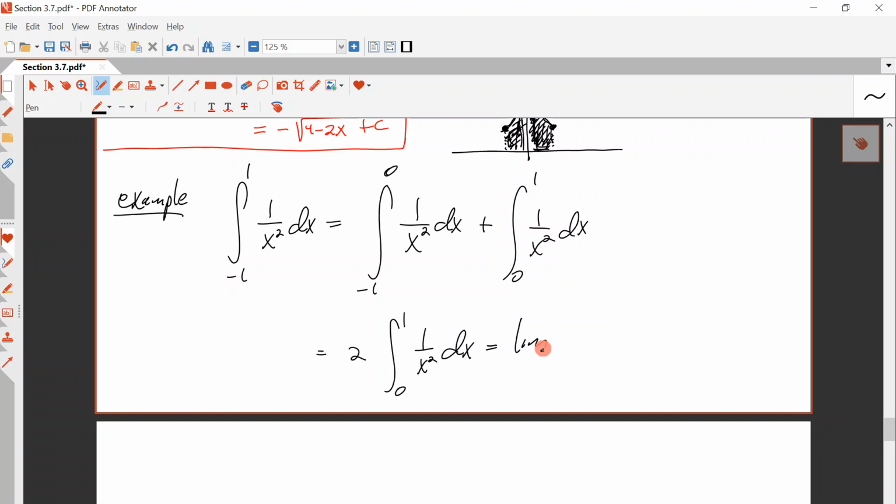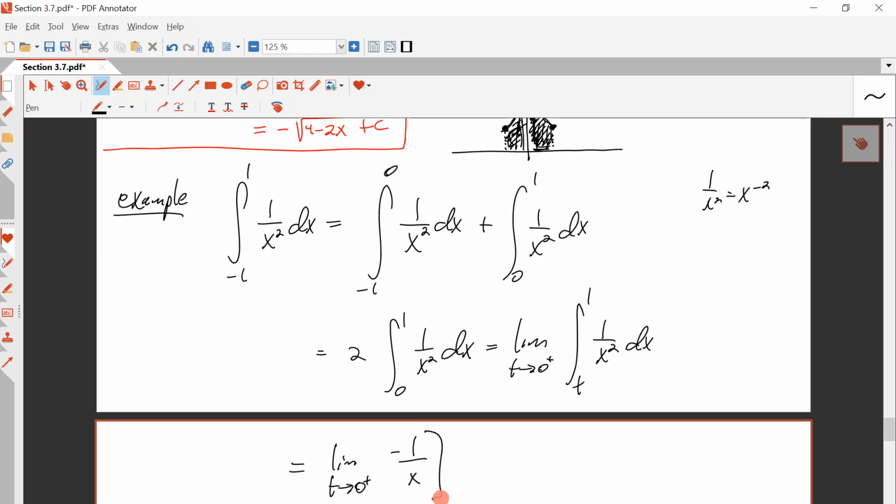So this is equal to the limit as t goes to 0 from the right, because we're working with numbers bigger than 0. Numbers between 0 and 1 are bigger than 0, so you're approaching 0 from the right. Integral from t to 1 of 1 over x squared dx. 1 over x squared is x to the minus 2, so the antiderivative is minus x to the minus 1, so it's minus 1 over x from t to 1.